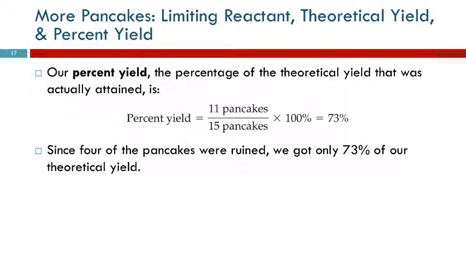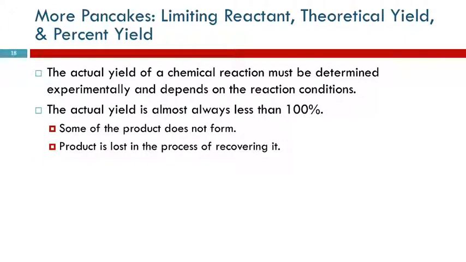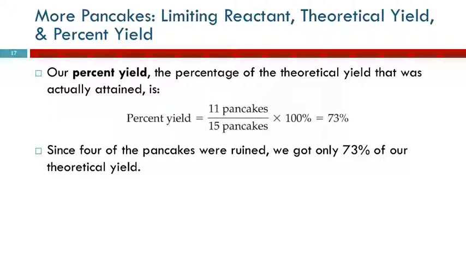We use percent yield to compare our actual yield with our theoretical yield and kind of give an idea of how well this went. So percent yield, percent is the part divided by the whole. Here's the part. Let's see, do I have that written out? I maybe don't. I'll write it out here.